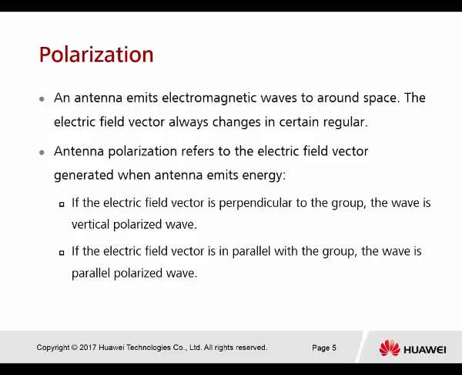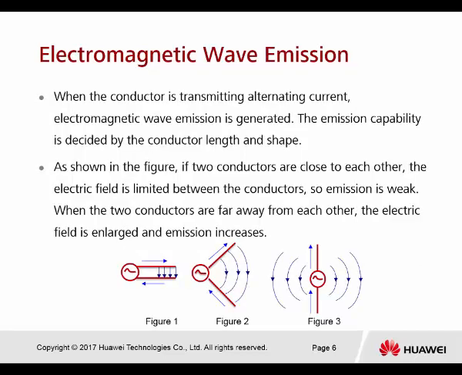If the electric field vector is perpendicular to the ground, the wave is a vertically polarized wave. If the electric field vector is parallel to the ground, the wave is a horizontally polarized wave. And this is the electromagnetic wave emission.